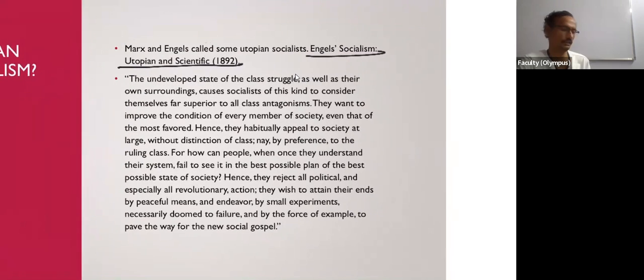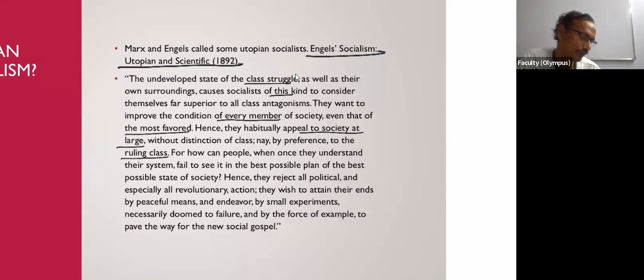This summarizes their position. The undeveloped state of class struggle, as well as their own surroundings, causes socialists of this kind to consider themselves far superior to all class antagonisms. They want to improve the condition of every member of society, even that of the most favored. Hence, they habitually appeal to society at large, without distinction of class, by preference to the ruling class.